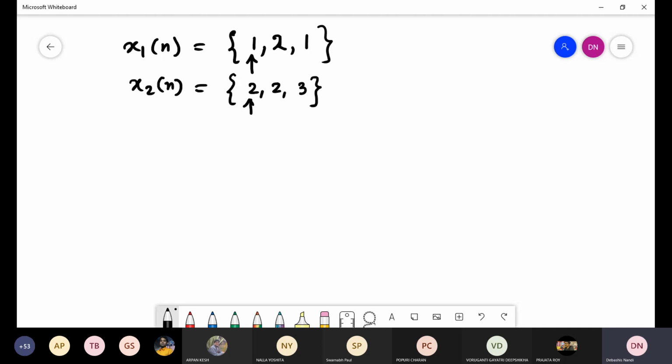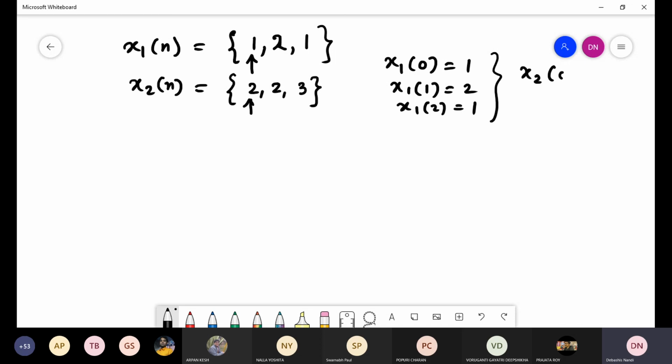That means x1 of 0 is equal to 1, x1 of 1 is equal to 2, and x1 of 2 is equal to 1. Similarly, x2 of 0 is equal to 2, x2 of 1 is equal to 2, and x2 of 2 is equal to 3.